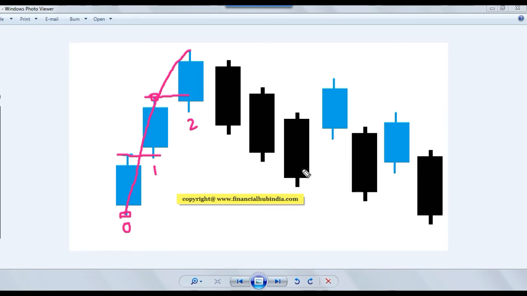Now what's happening here? Now 0, 1, 2, let's say this is candle 3. Candle 3 has broken candle 2's low. So you will have to do the exact opposite thing. From candle 2's high, you will have to draw a line to the third candle's low.